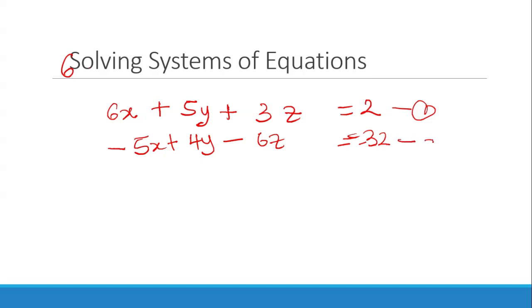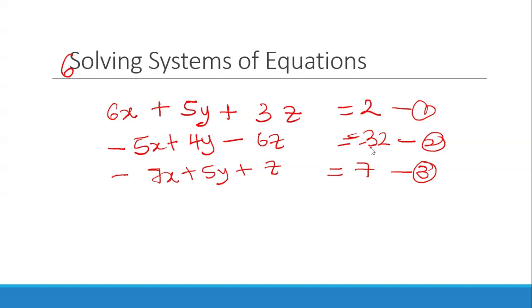We say this is equation 2. And my third equation is minus 7x plus 5y plus z is equal to 7. So let's say this is equation 3. So these are my system of equations.